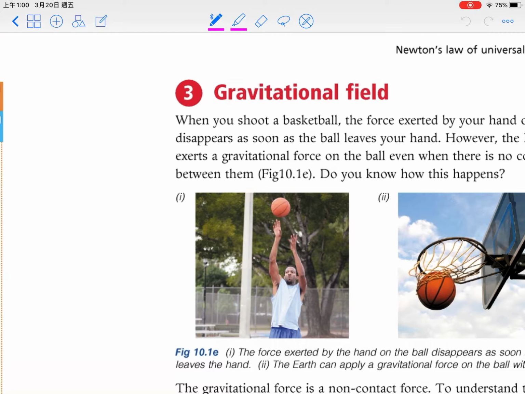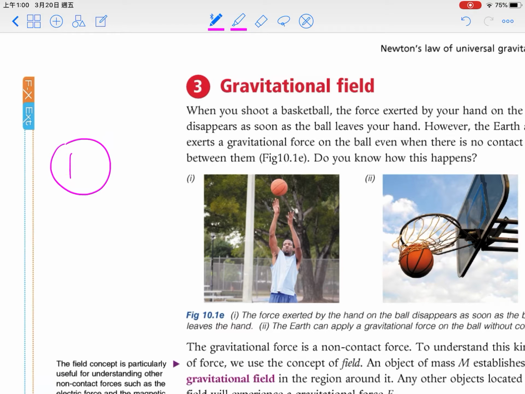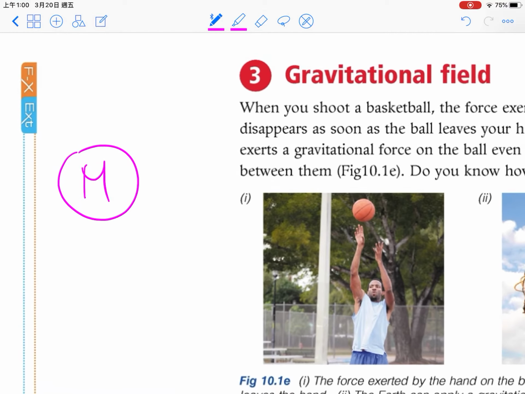Now, this is a very abstract concept. If I put a massive object here, capital M, and then we put a point mass, that means a very small mass, small m here, we know there will be an attractive force, that is gravitational force. So scientists would imagine that in this region there will be a gravitational field.